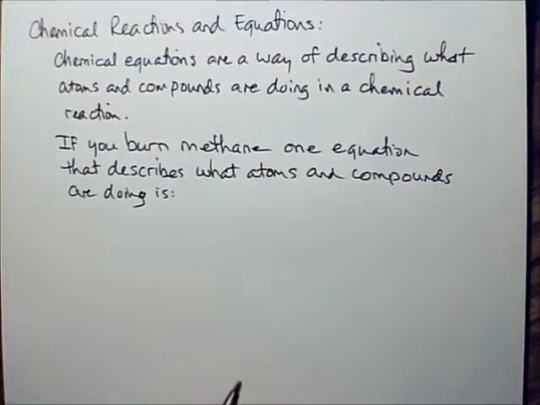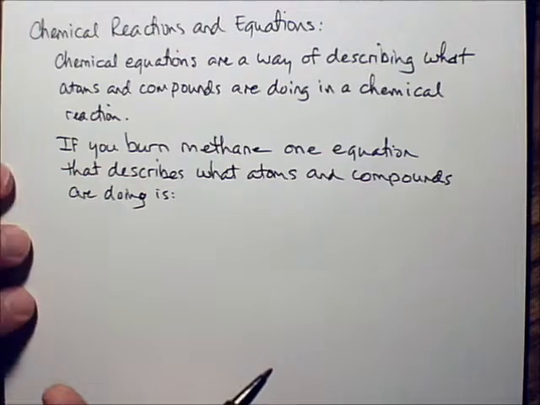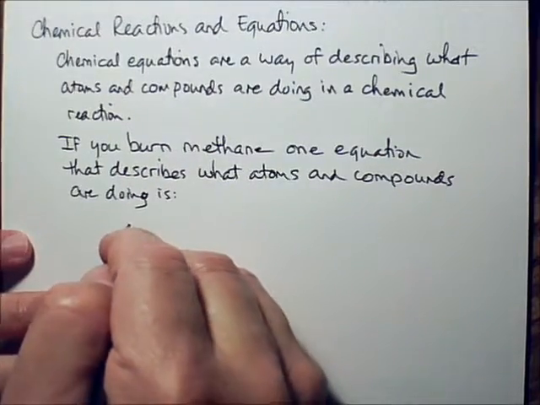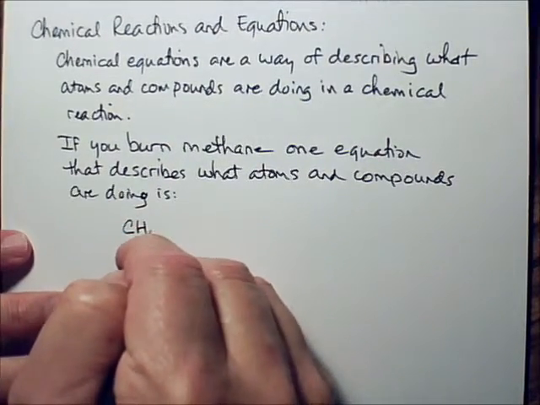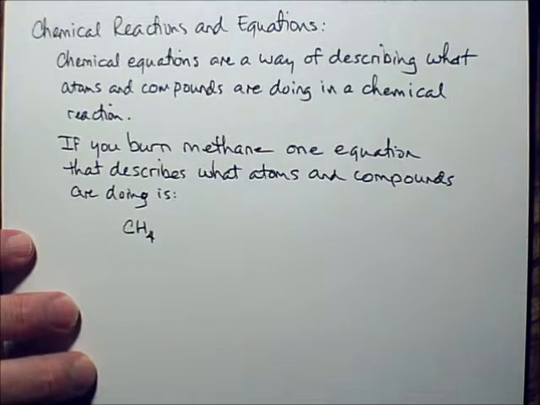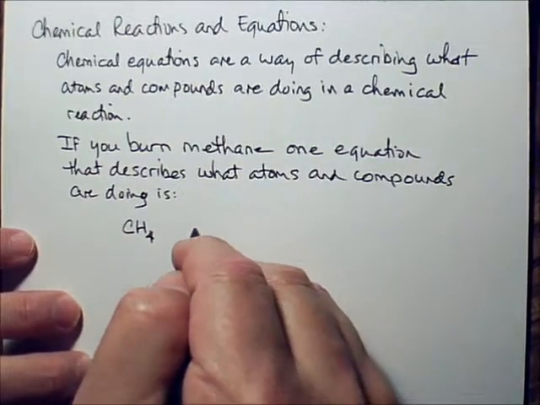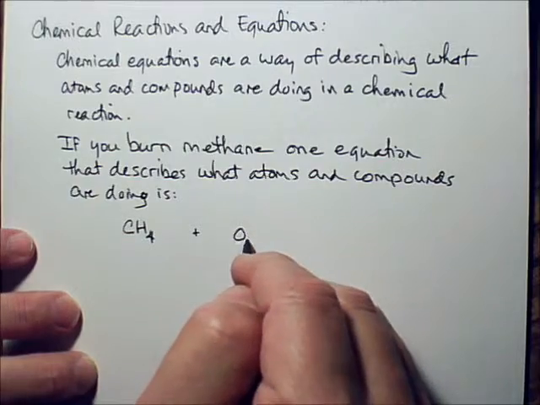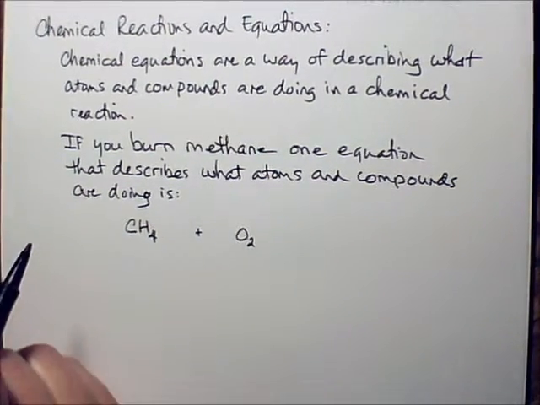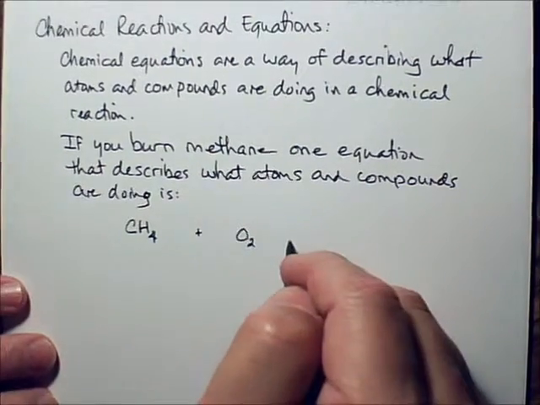And so if we're burning methane, that's what I'm doing over here on the lab table. If you burn methane, one equation that describes what atoms and compounds are doing is this. This is the formula for methane. When you burn anything, you are reacting it with and combining it or recombining it with oxygen.